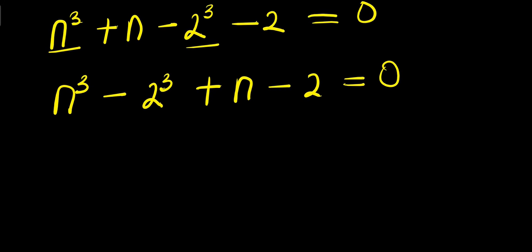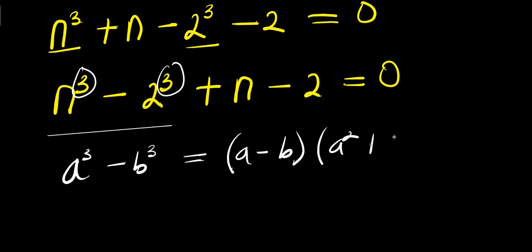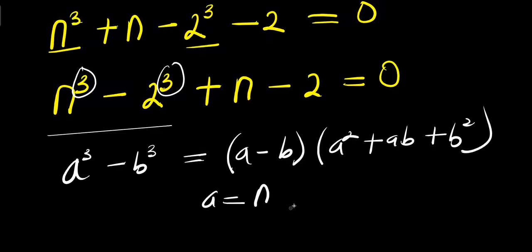So we have to expand this. This is to the power of 3, this is to the power of 3. If you have a power 3 minus b power 3, this equals a minus b times a squared plus ab plus b squared. And in this case, a is n and b is 2.